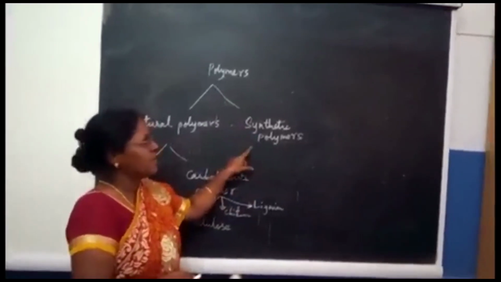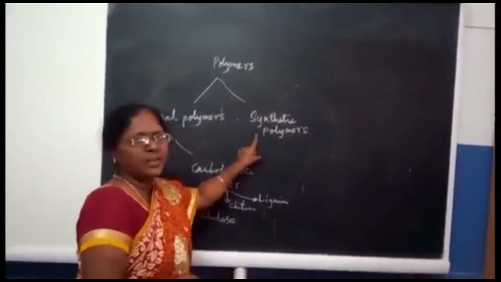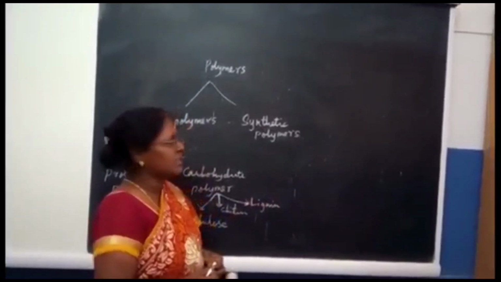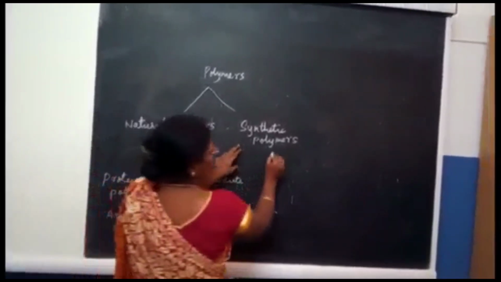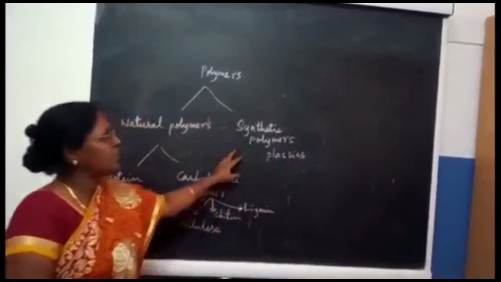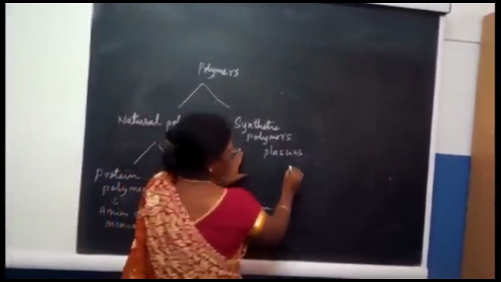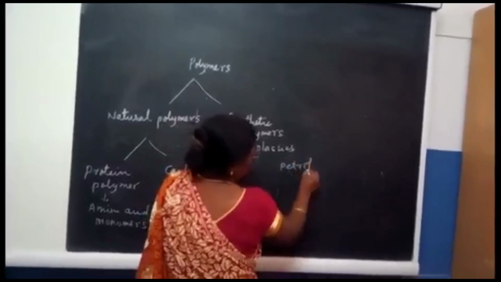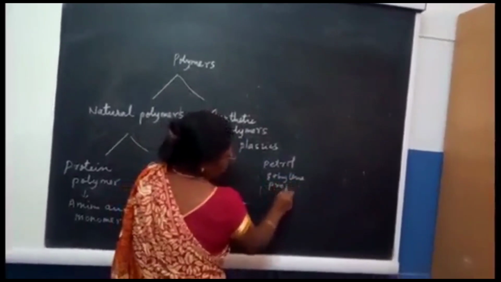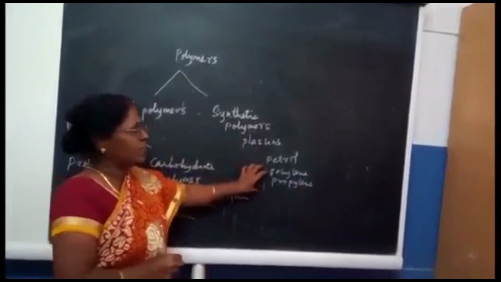Next one, synthetic polymers. Synthetic polymers are man-made polymers and they are prepared by using raw materials from petroleum oil and gases. Example for synthetic polymers: plastics. Next one, oils and gases are processed to make petrol, ethylene and propylene, and these can be removed as byproducts.